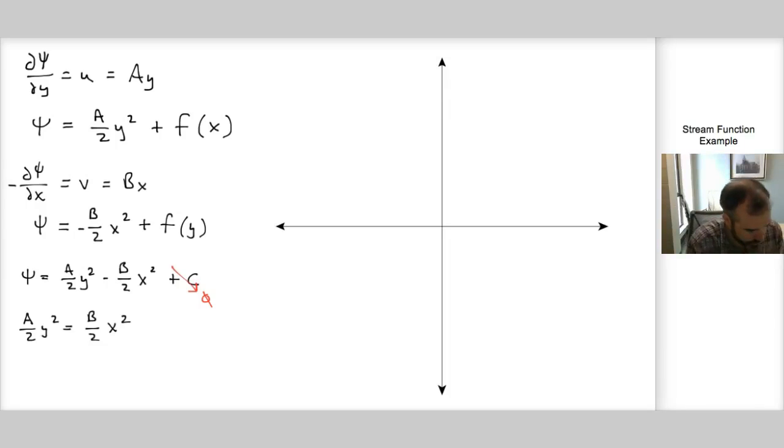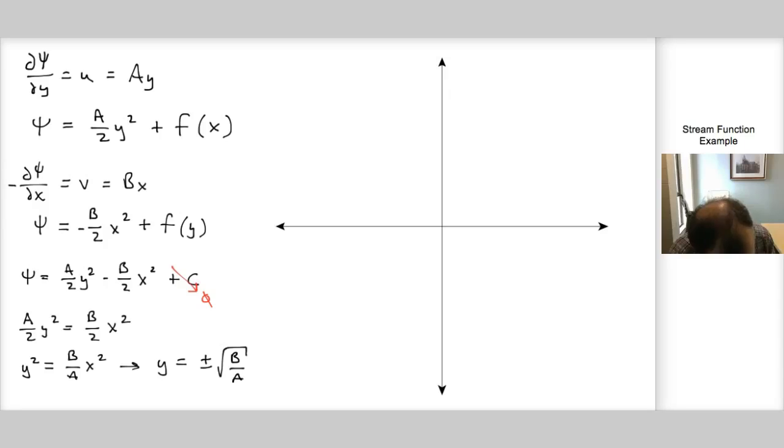You can divide through by a over 2, so the halves cancel and you get y squared equals b over a x squared. You take the square root, we get y equals plus or minus the square root of b over a times x.